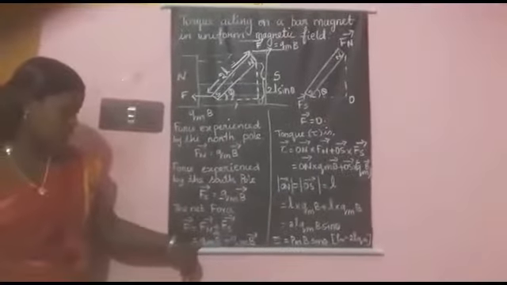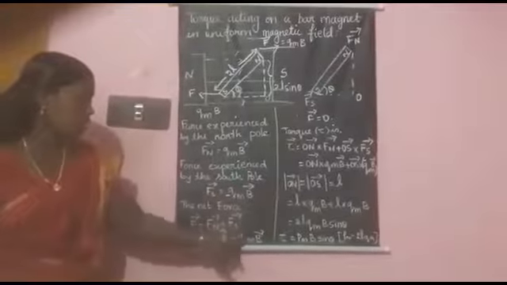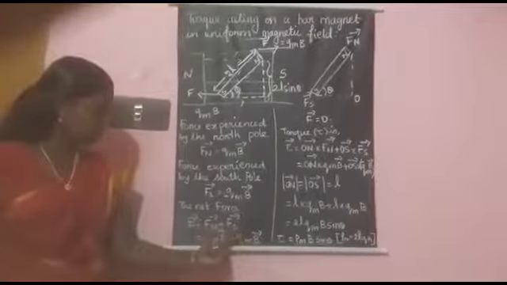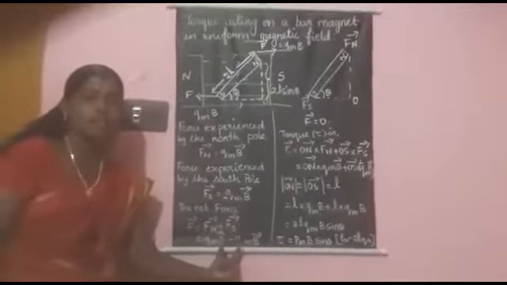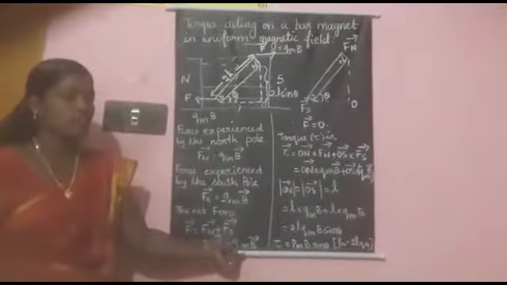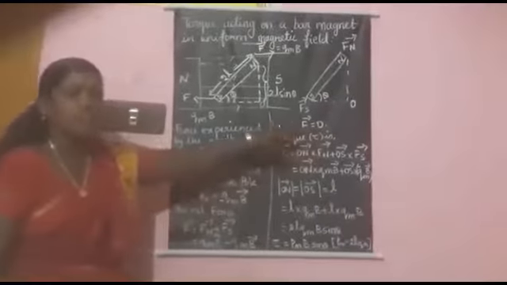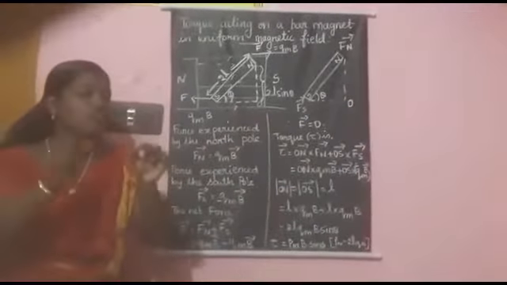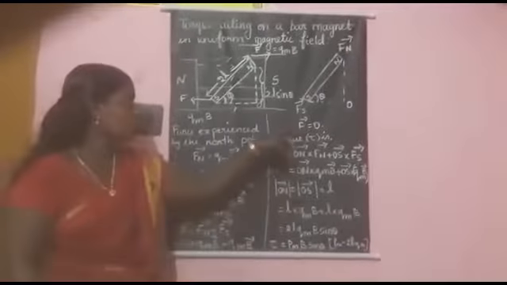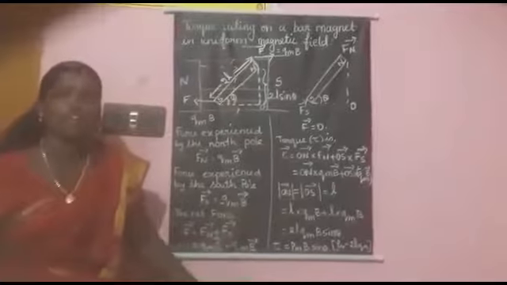Fn vector equals qm B vector, Fs vector equals minus qm B vector. This is the plus term, this is the minus term, same value, so they cancel. So the total net force F vector equals 0. Okay, note it here: F vector equals 0. So when the net force is 0, this bar magnet rotates in the anti-clockwise direction.